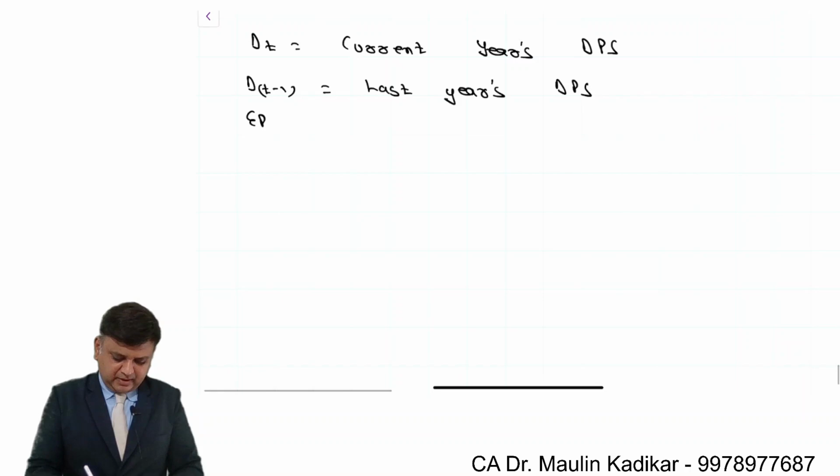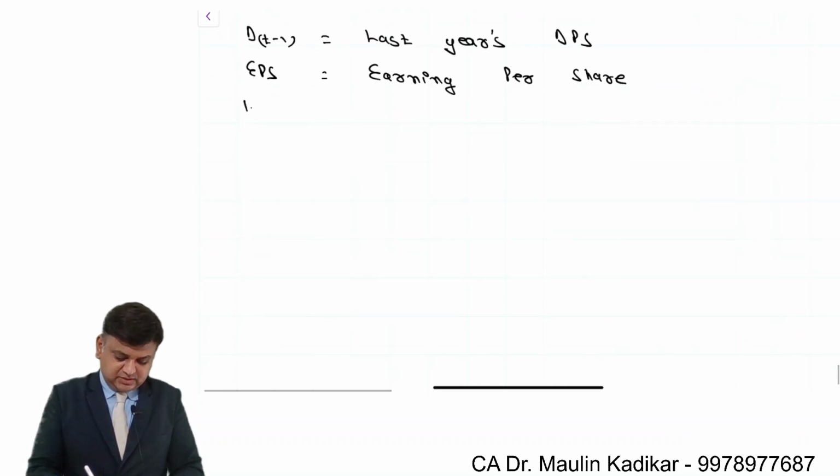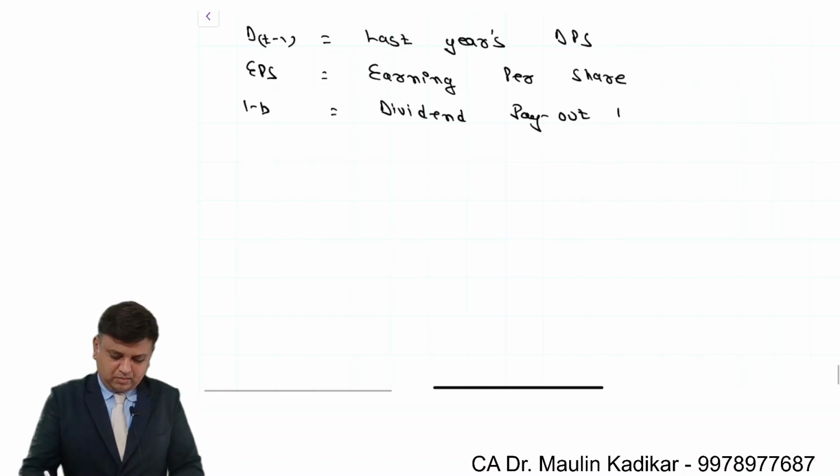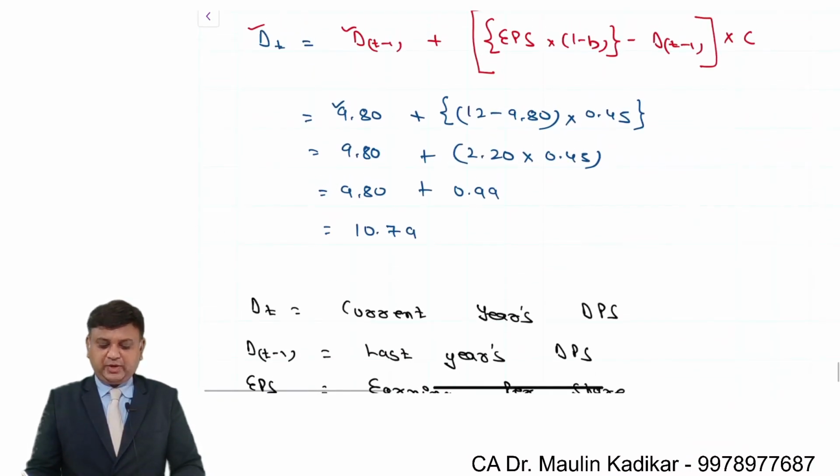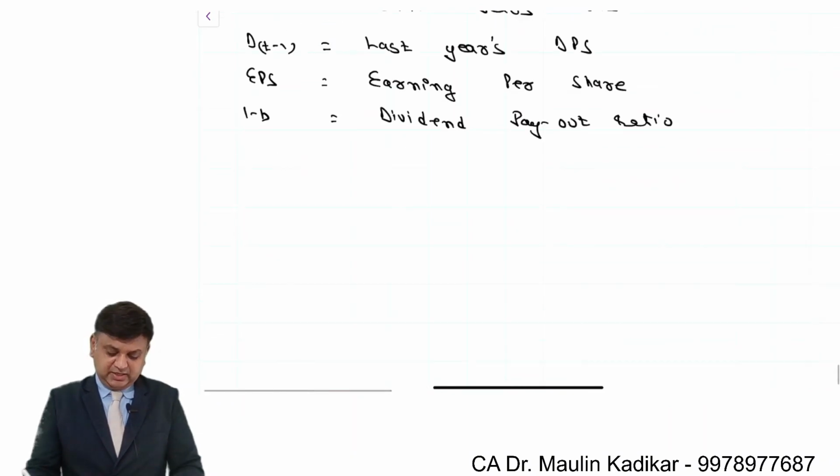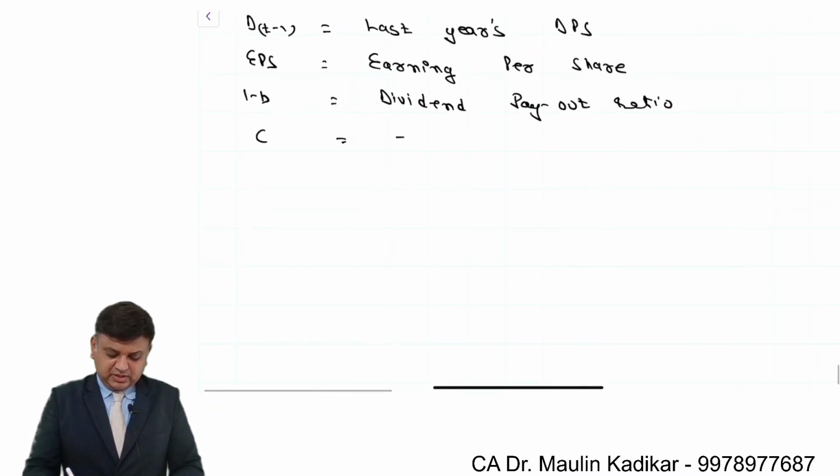EPS is simple, earning per share. One minus B is dividend payout ratio. And importantly, there is a new point that is called C. C stands for dividend adjustment rate.